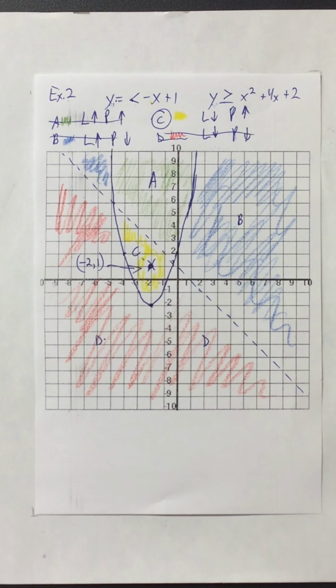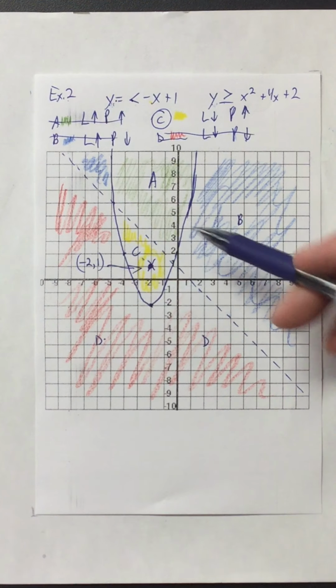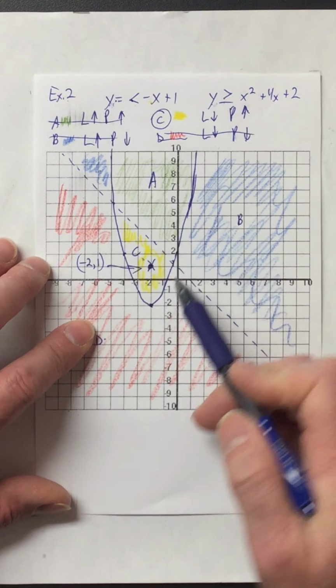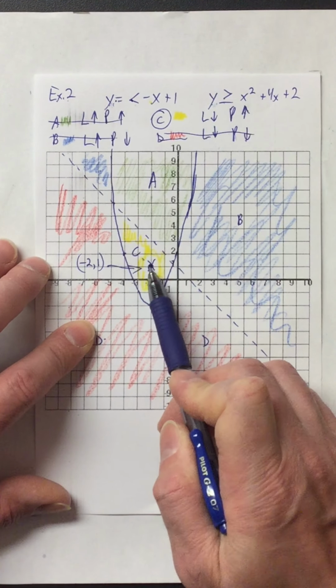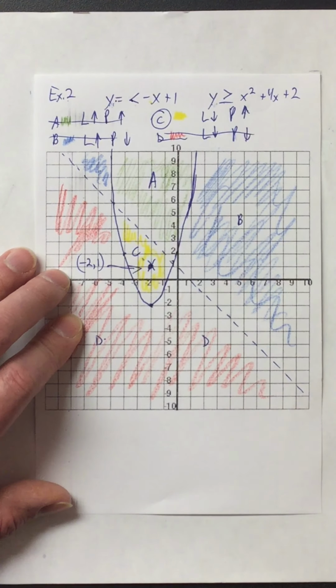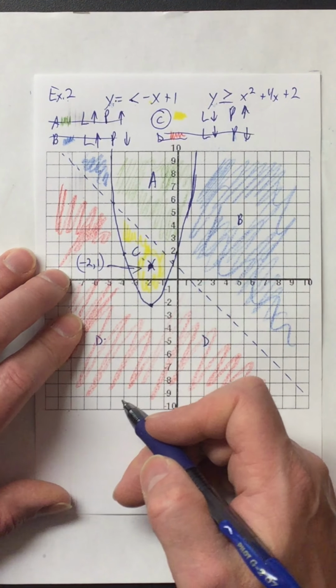As you notice in the book, they actually run this through a test. They take a point inside of section C. You can see x is -2, y is +1. They put that back into our equations to see if they're true. So let's do that.